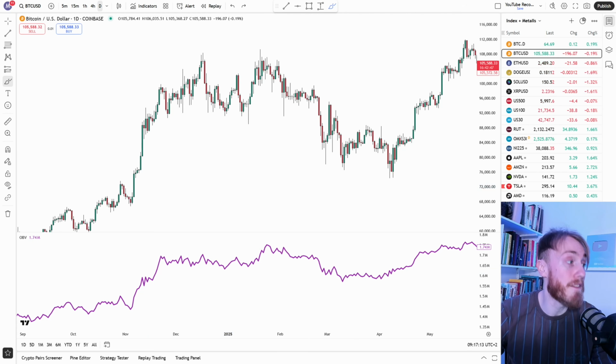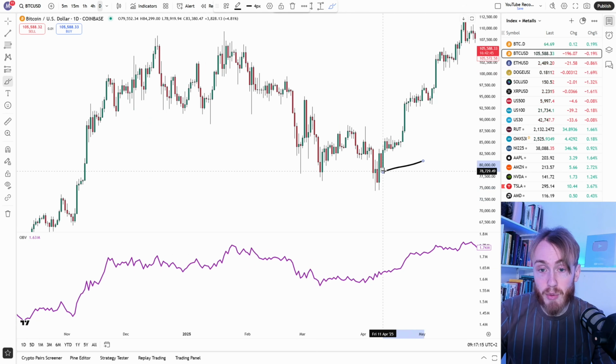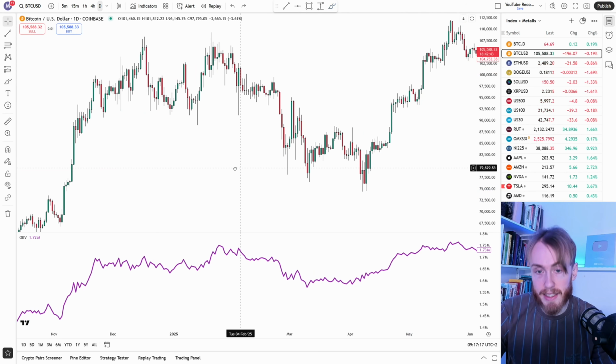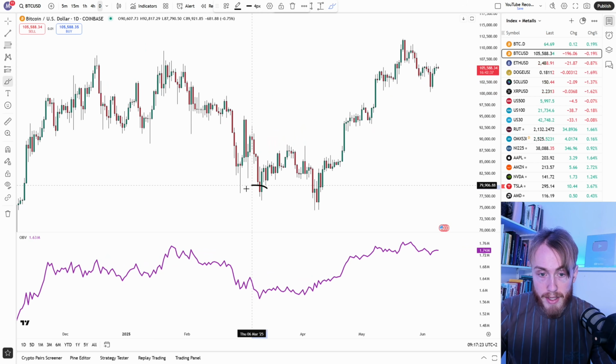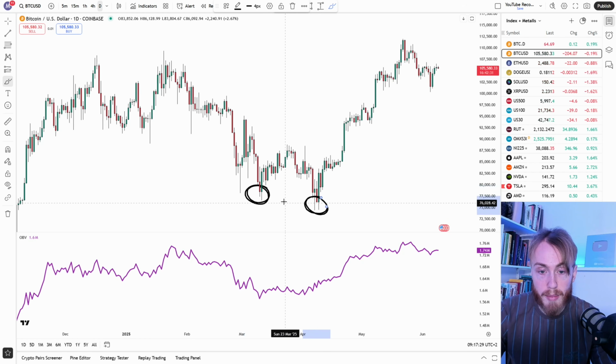But most importantly, remember what we talked about recently. We talked about divergence. This is where the price goes in one direction, the indicator goes in the other direction, and it indicates a potential reversal. And look right here. The price printed one low right here around March, then we printed another low just like 1 month later. So we have a clear low and then a lower low.